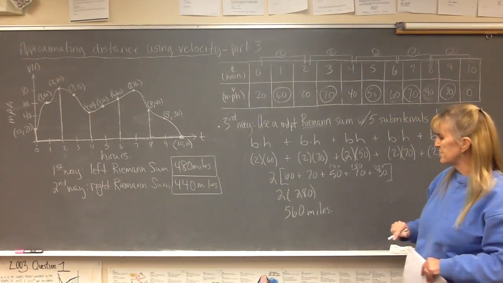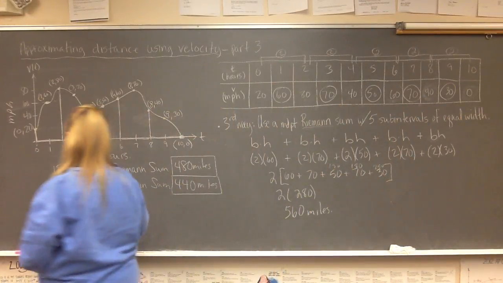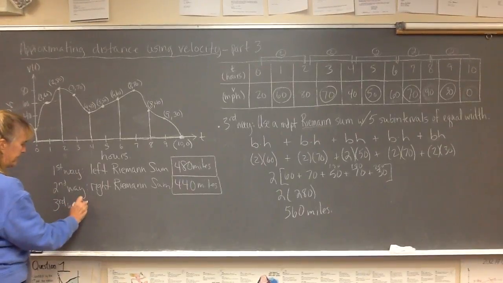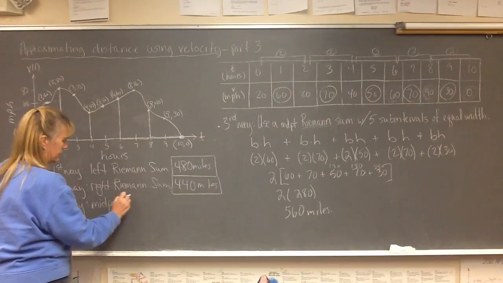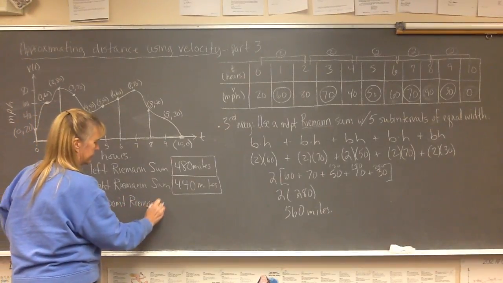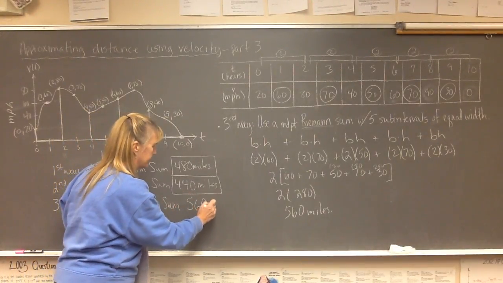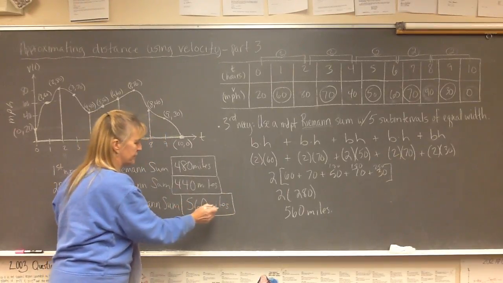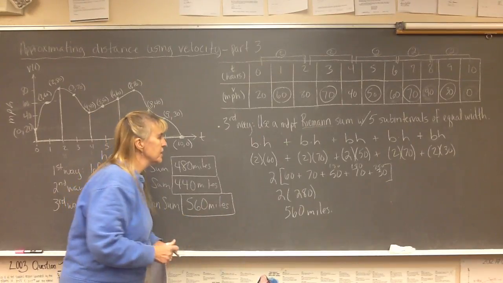Looking at 560 miles for our third way, which is a midpoint Riemann sum. And that's 560 miles. Remember that all of these are approximations. Not exact answers anyhow.